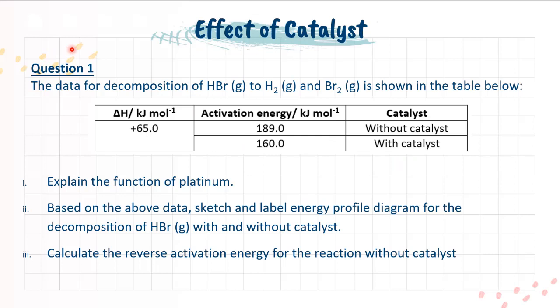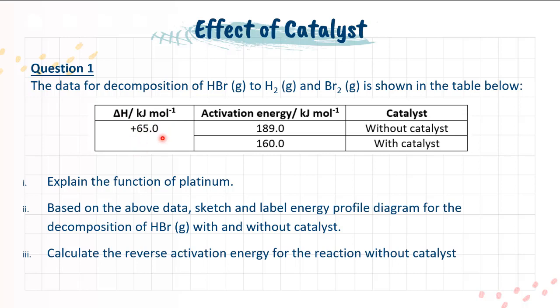Alright, so example question 1, we talk about the effect of catalyst. The data for decomposition of HBr to H2 and Br2 is shown in the table below. So in the first sentence here, it gives you the reactant HBr, and the product is H2 gas and bromine gas. Given the data, you have your enthalpy positive, so you know this is an endothermic reaction.